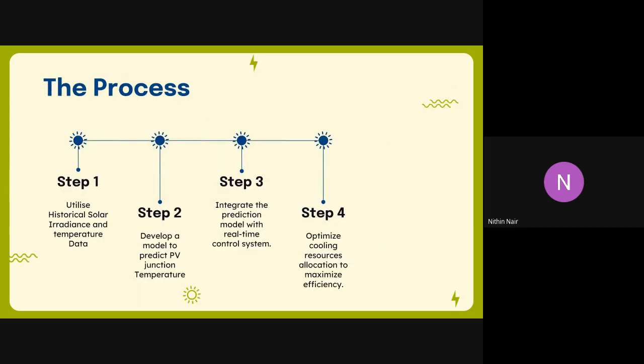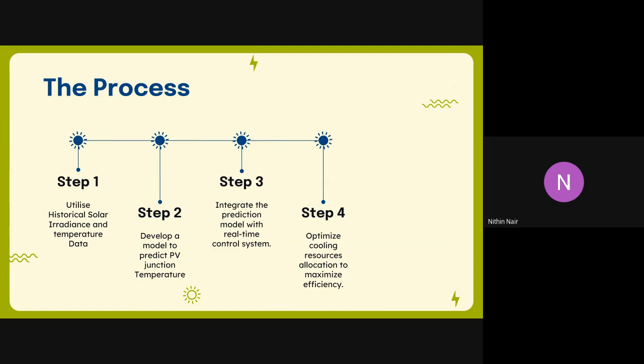So this slide details the process that we have followed for this prediction. Step one is we utilize historical solar irradiance and temperature data, as I had mentioned before. This will give us the data to make our baseline model.